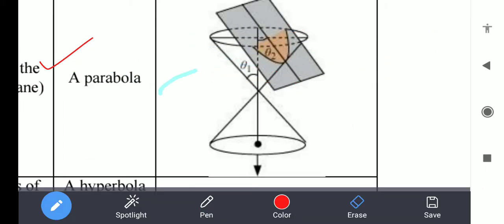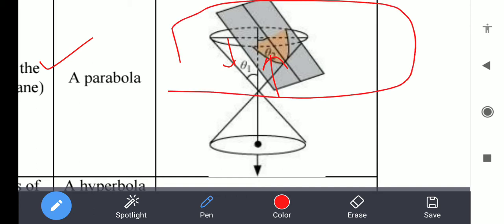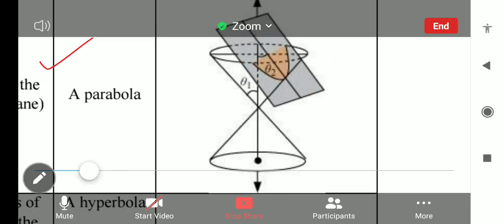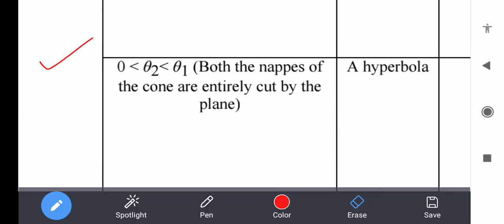Here you can see that if the angles theta 1 and theta 2 both are equal in one nap, then the shape cut by a plane is a parabola. Okay. The last case is if theta 2 is greater than 0 degree but less than theta 1.